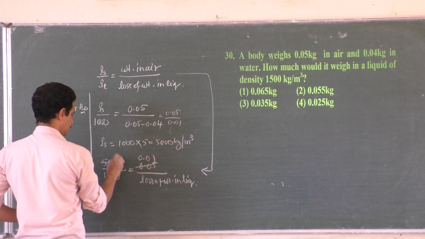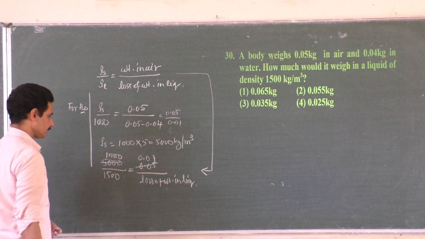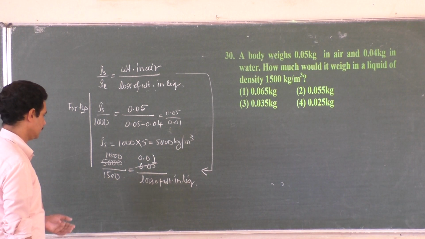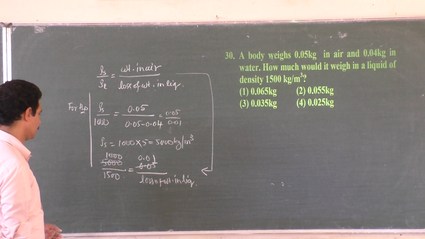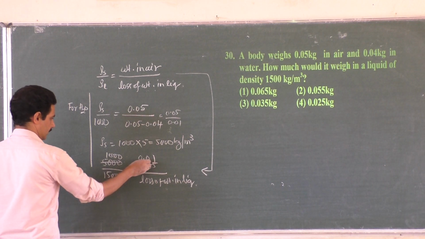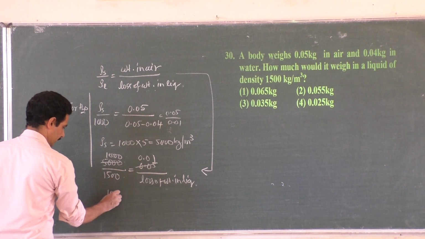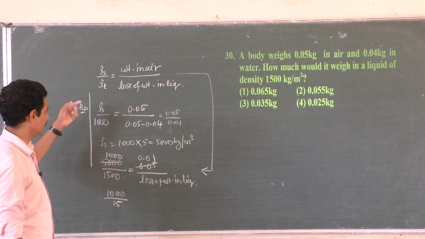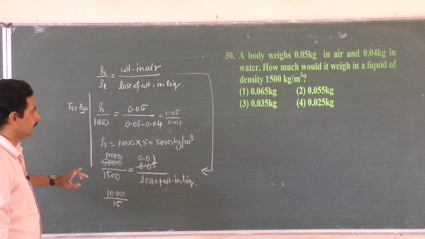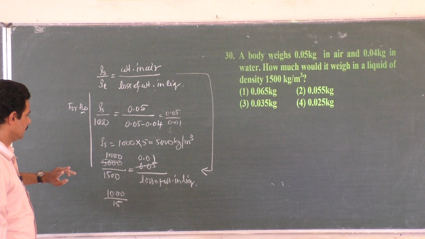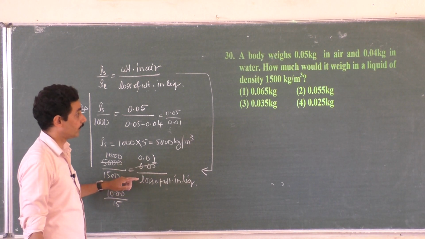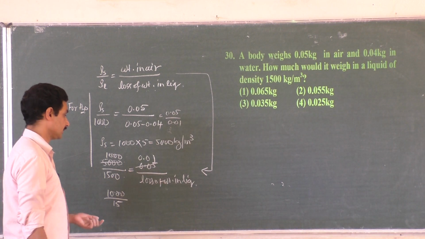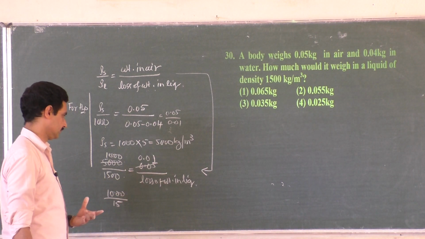So 5000 by 1500 equals 0.05 divided by loss of weight, which is 1000 divided by 15... What is the question? How much would it weigh in liquid? That means weight in air minus weight in liquid.